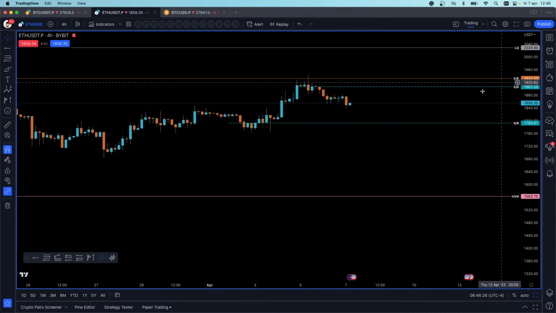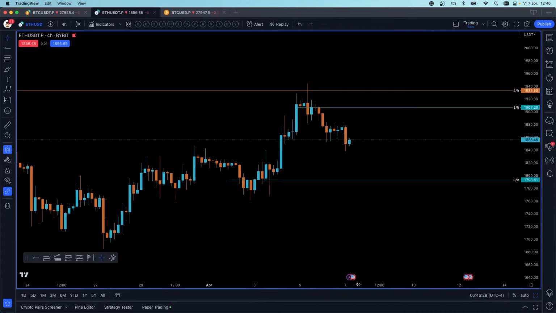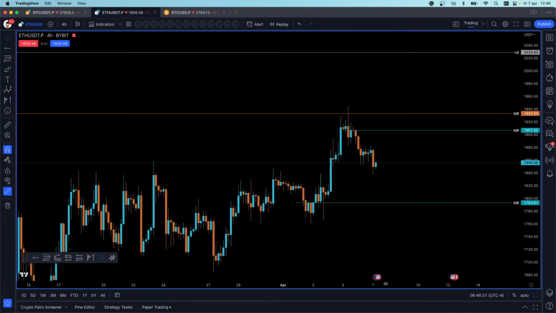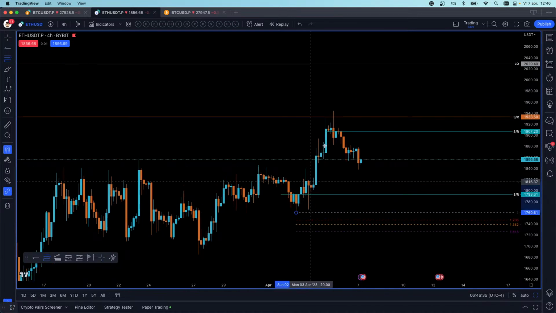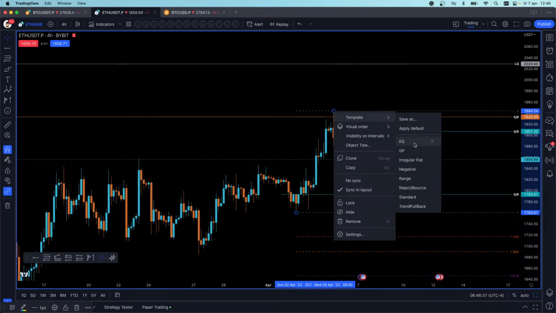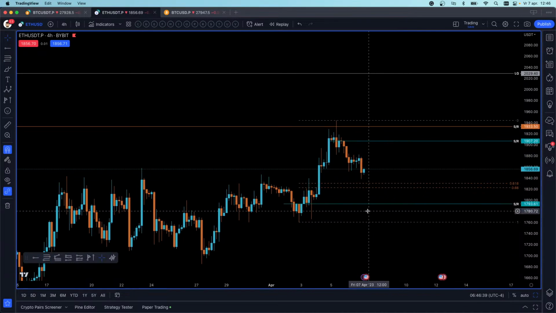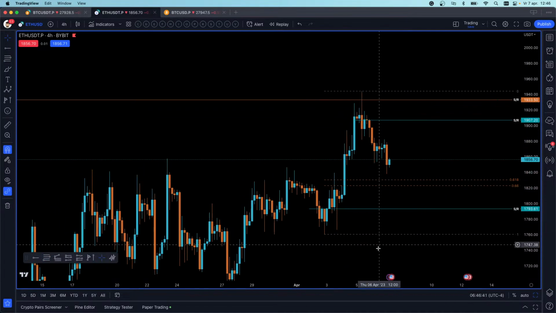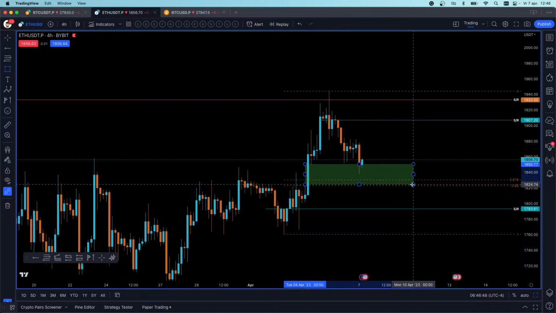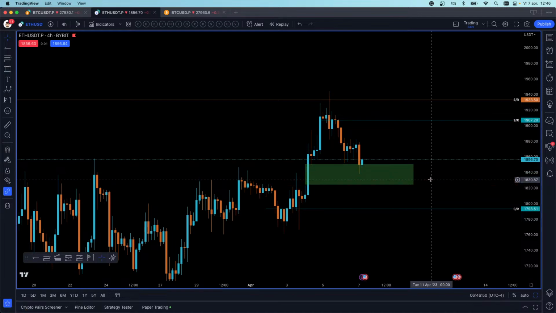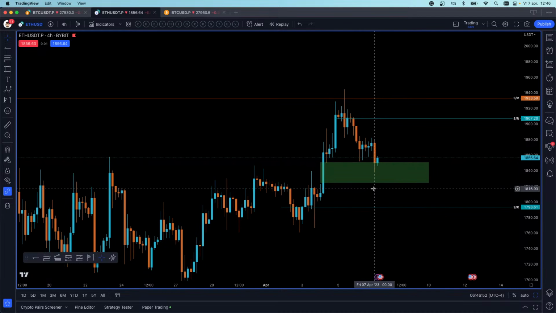So I'm going on 4 hourly. You have to think out loud sometimes, maybe record yourself, and that will definitely help you figure out where we are on the chart. So basically on the 4 hourly, we are trading into this fair value gap here, which I would like to see if it can hold.